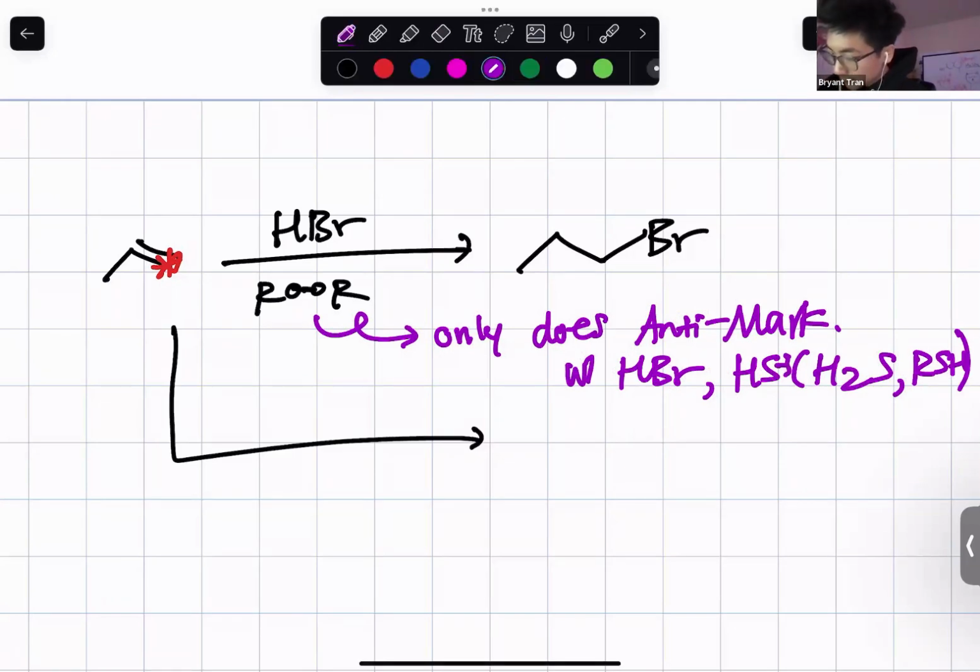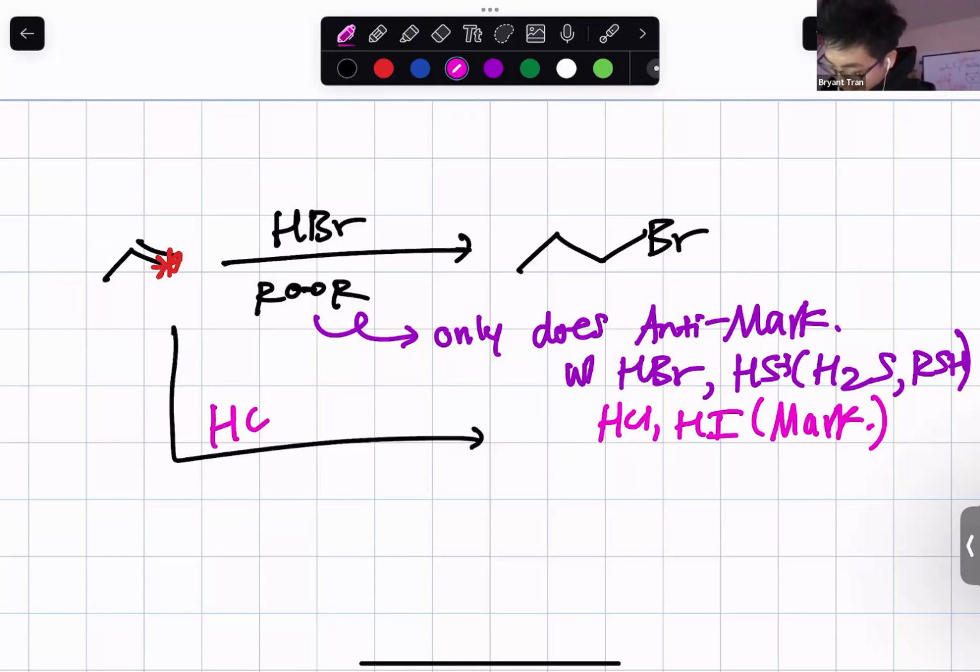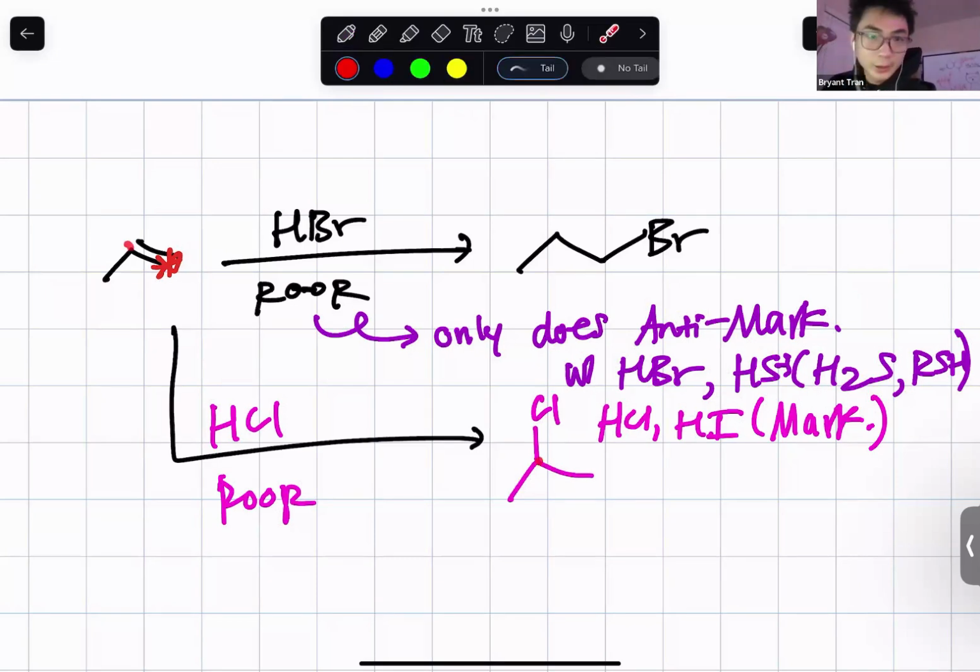When you see HCl or HI with ROOR, that would still do Markovnikov addition. So for example, if we have HCl and ROOR, that is still going to attach the chlorine to the Markovnikov position, to the more substituted carbon of the alkene, like that.